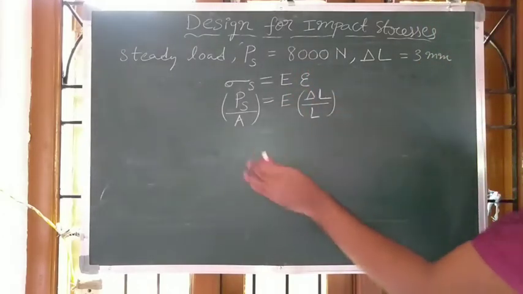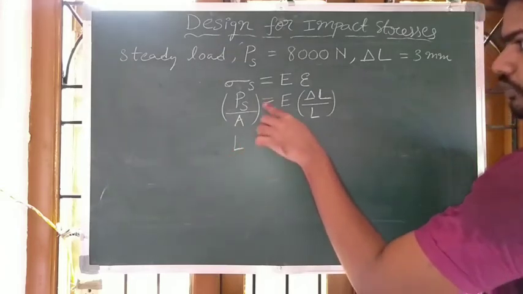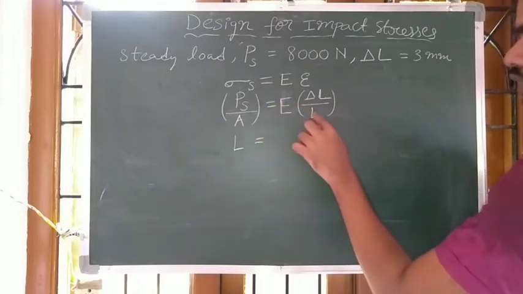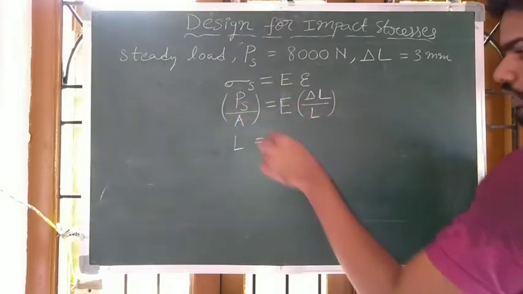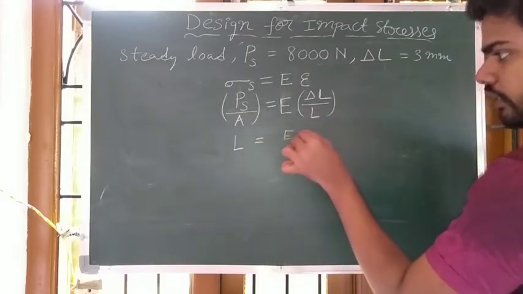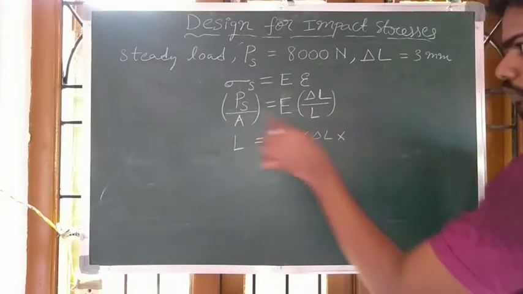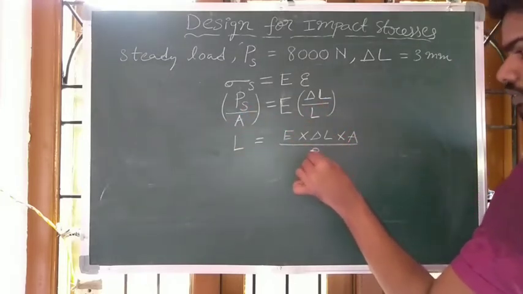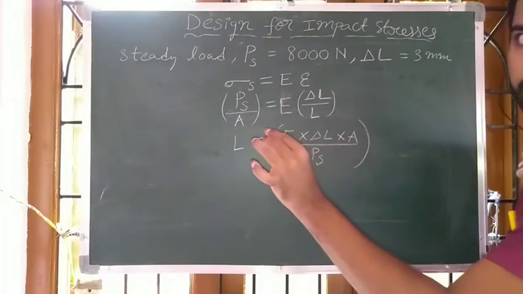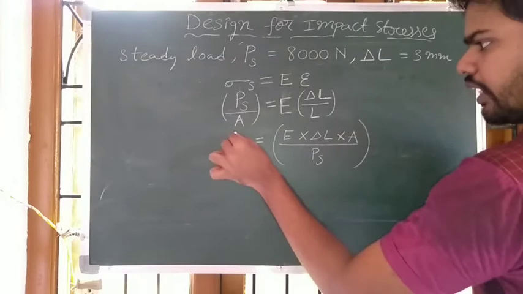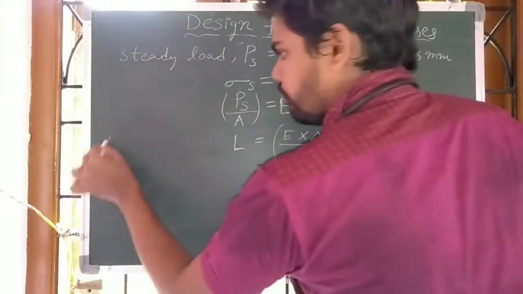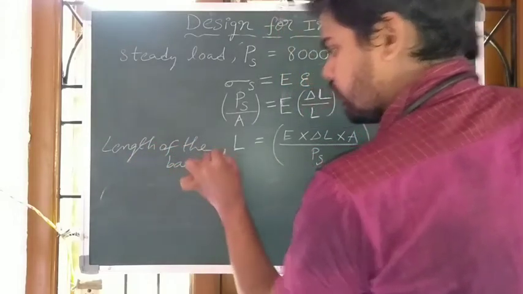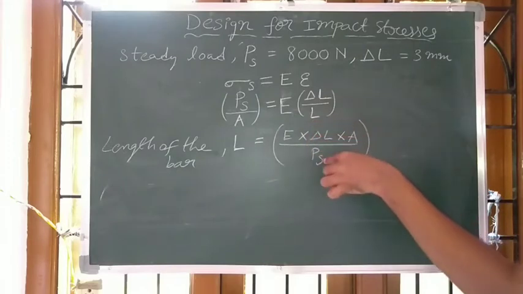Just rearranging the terms, a simple elementary calculation, the length of the bar L is equal to E into delta L into A divided by Ps.